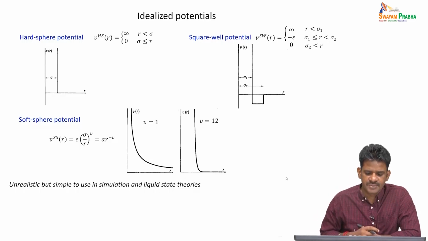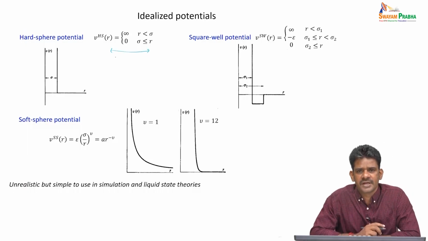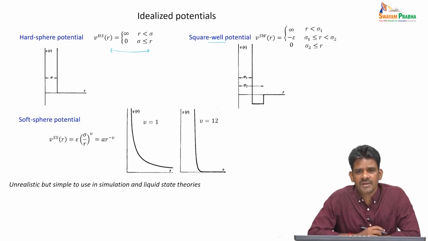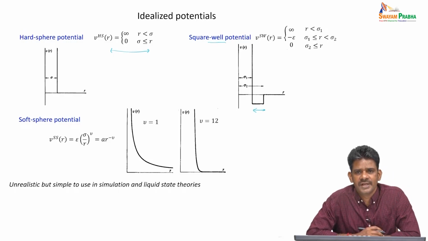Among these idealized potentials, we have discussed the hard sphere potential, where two particles cannot interpenetrate each other. So the moment they touch, the potential energy goes to infinity, otherwise they don't interact. So it is a first correction that we can make for ideal particles. Then there are square well potentials, which have some finite amount of attractive energy over a range of distances.